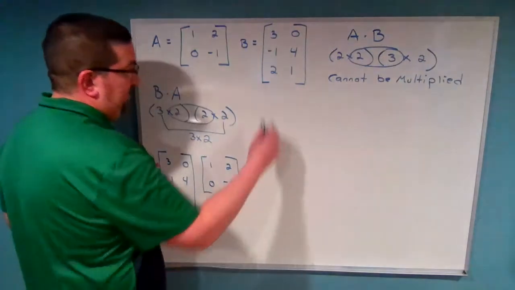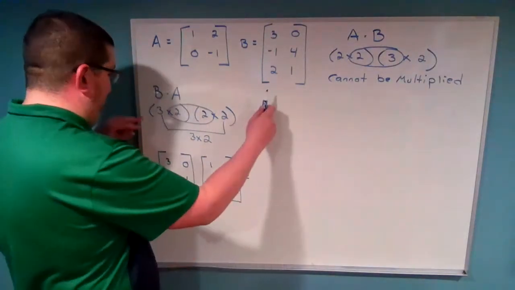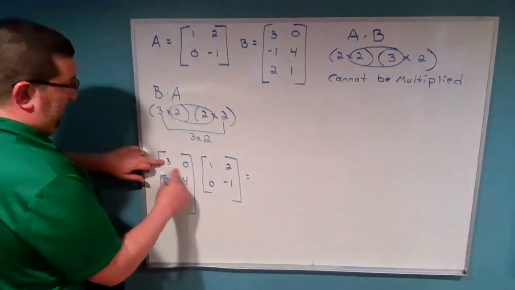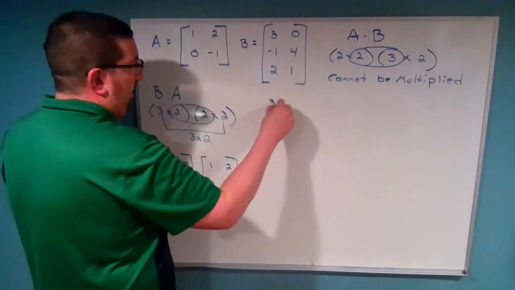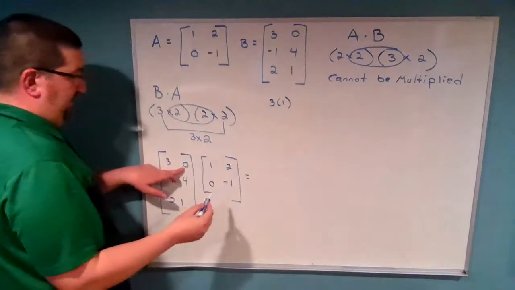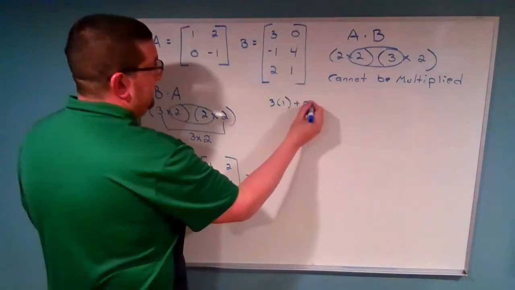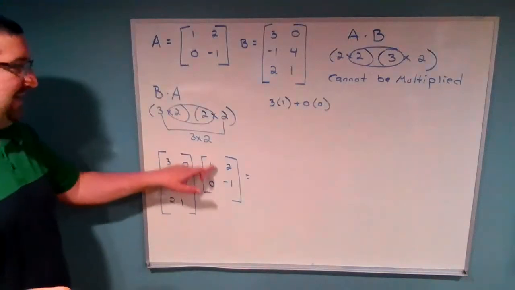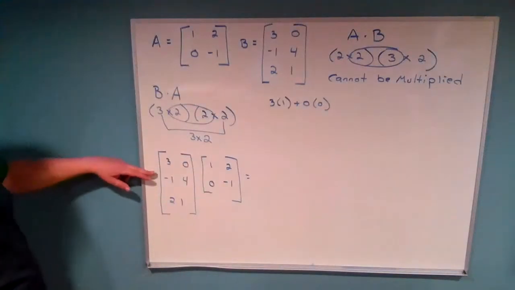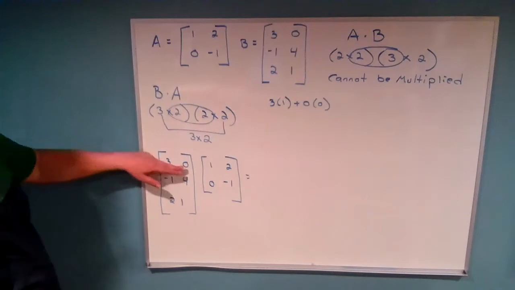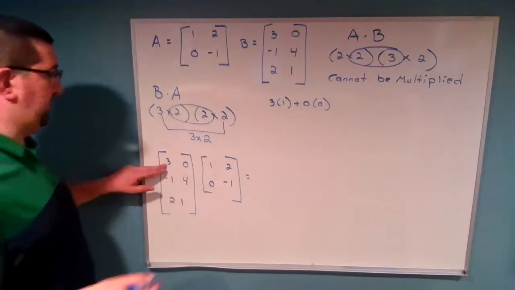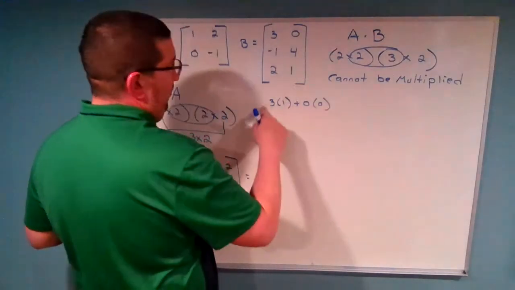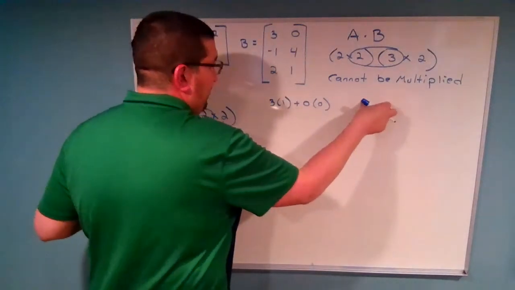So I'm going to kind of start up here. If you follow along, I'm going to have 3 times 1 plus 0 times 0. And that is row 1 times column 1. Now we're going to do row 1 times column 2. So that is row 1, column 2 entry.